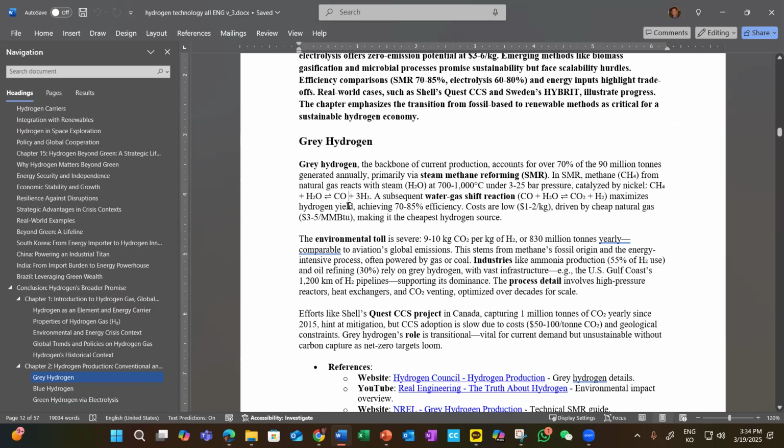Depending on how we capture it, we have technologies called either gray or blue, and so on. So it's important to understand the method. It's called steam methane reforming, in short SMR, and compare with electrolysis. This is the second most important method, a very conventional methodology.